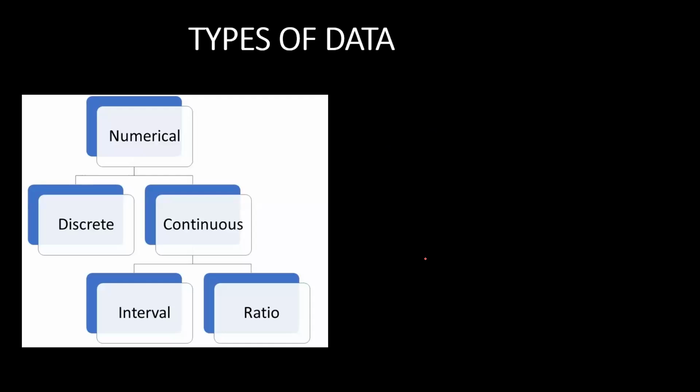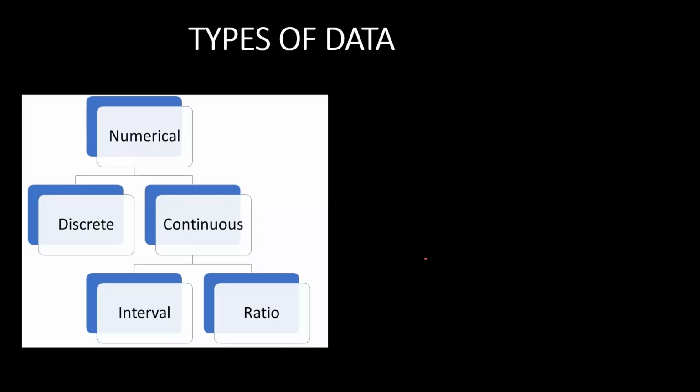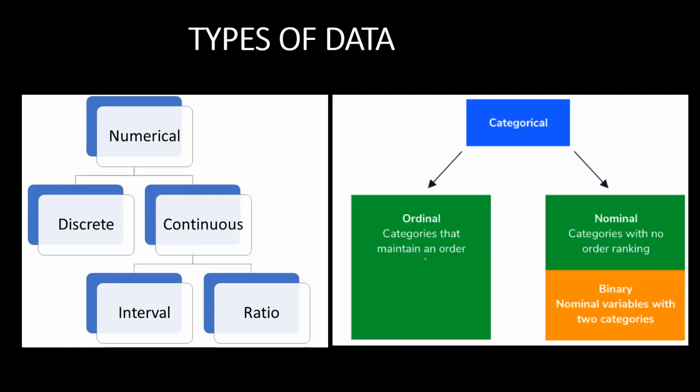Okay, so this is just one type of analysis, and this is how we learn histogram. Then we spoke about, what is the time? Okay, maybe 5 more minutes and we'll wrap up. Types of data: you have discrete, continuous, you have interval and ratio, you have ordinal, nominal. Nominal can again be no ranking.